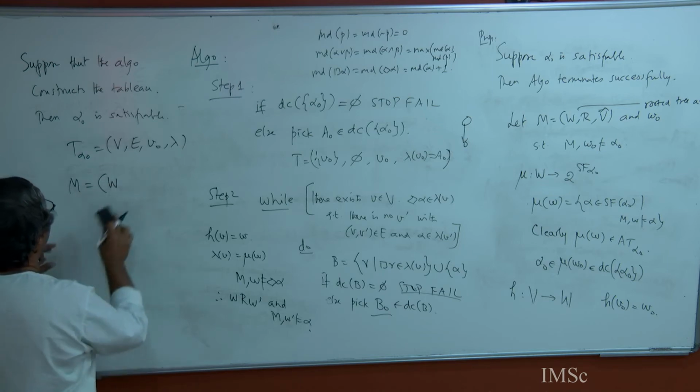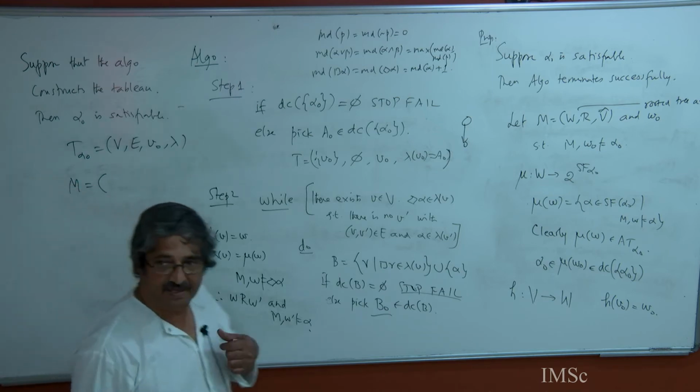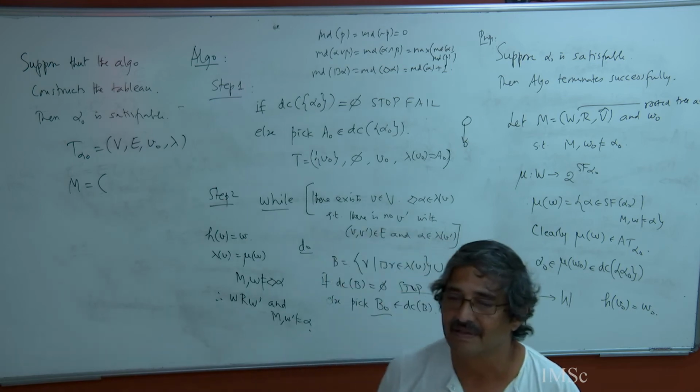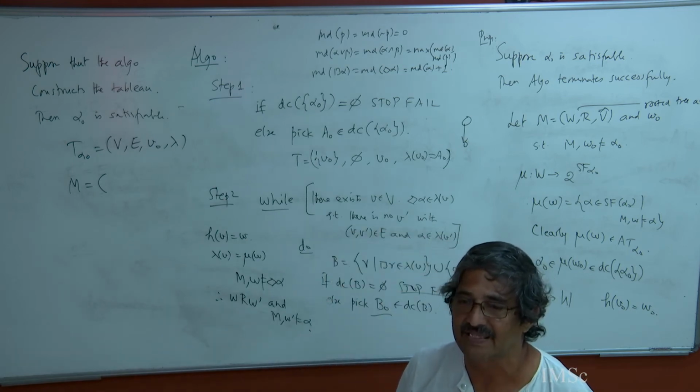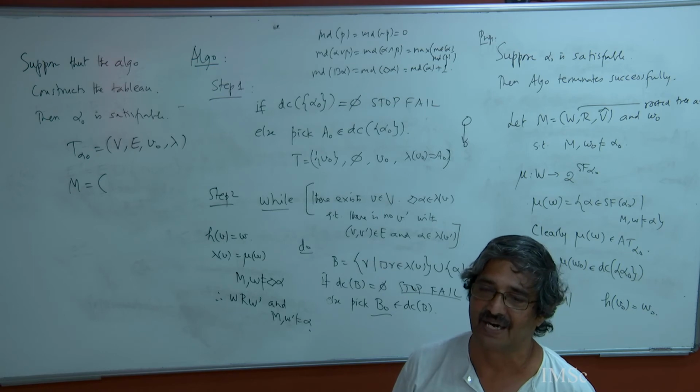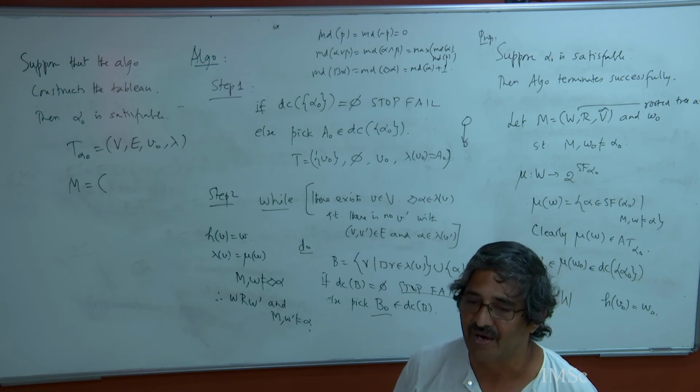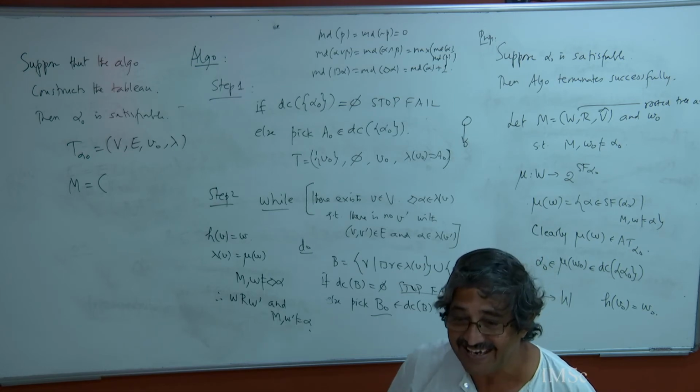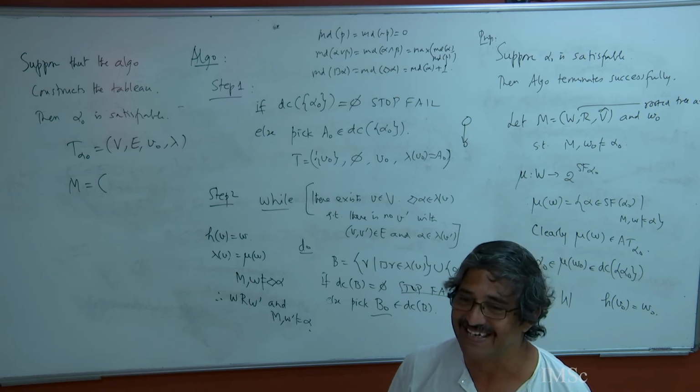Well, what is the set of worlds for me? What kind of model am I constructing? I need to construct a model for alpha naught to show it's satisfiable. So what kind of model do I construct? Tree model, right? That tree is the model. There is nothing to it. I don't have any work to do at all.